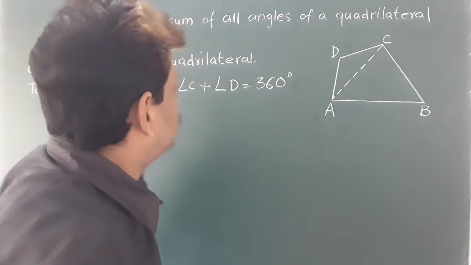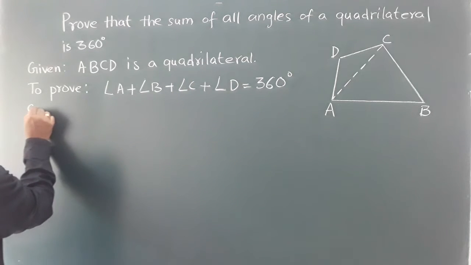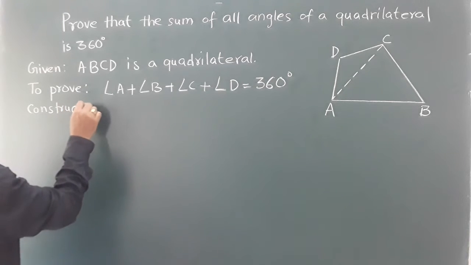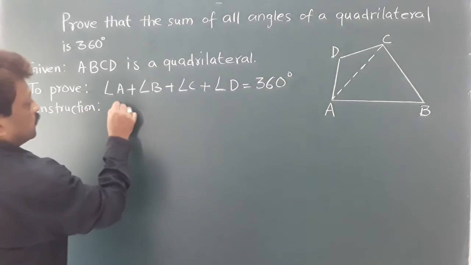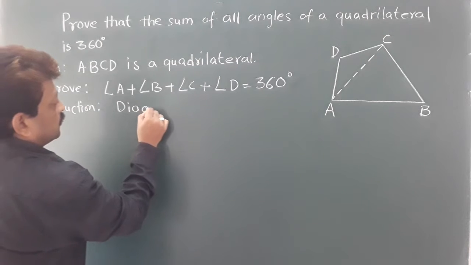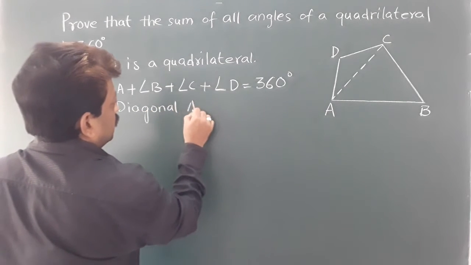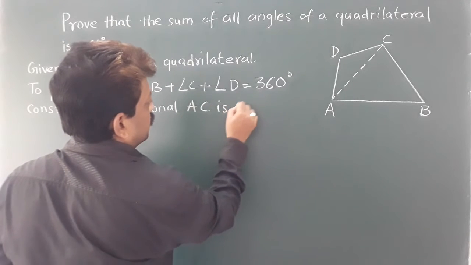So diagonal AC is drawn. Construction: diagonal AC is drawn.